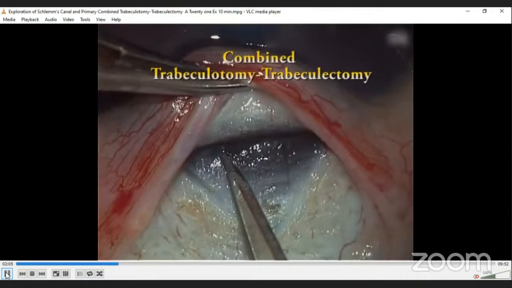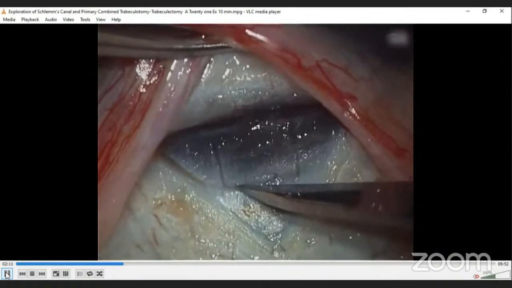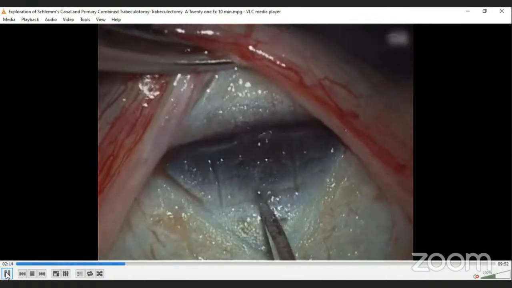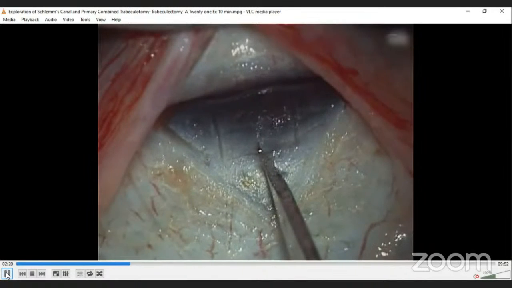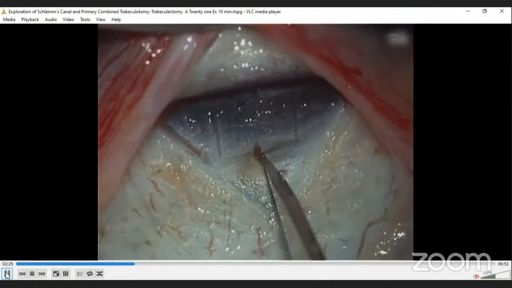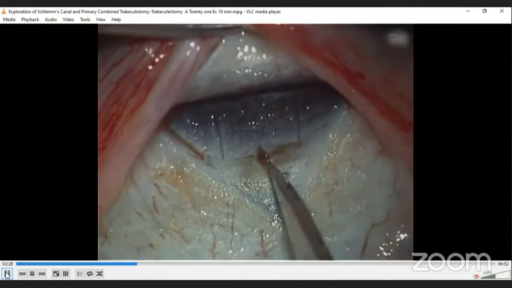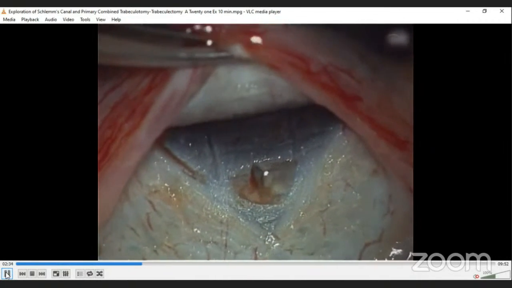Combined trabeculotomy, trabeculectomy is performed under a partial thickness scleral flap, limbus based, and the delineation is done to mark, and under higher magnification, a gradually deepening incision is given to cut inside the superficial wall of Schlemm's canal. And at the end point, there will be slow ooze of aqueous, as is evident here. And in higher magnification, you can see the inner glistening wall of Schlemm's canal, nothing but trabecular meshwork.